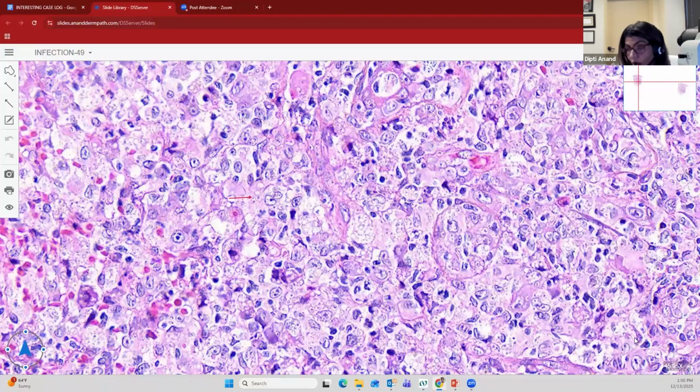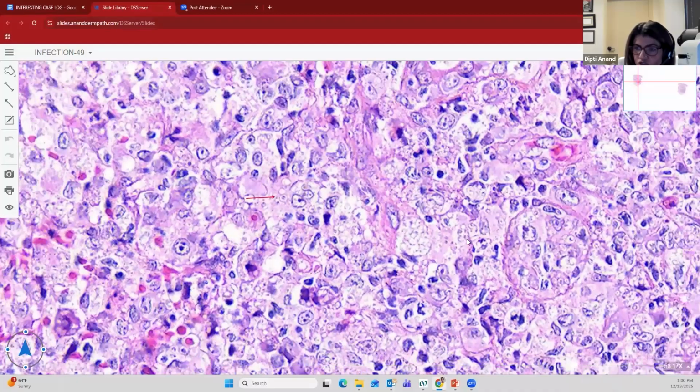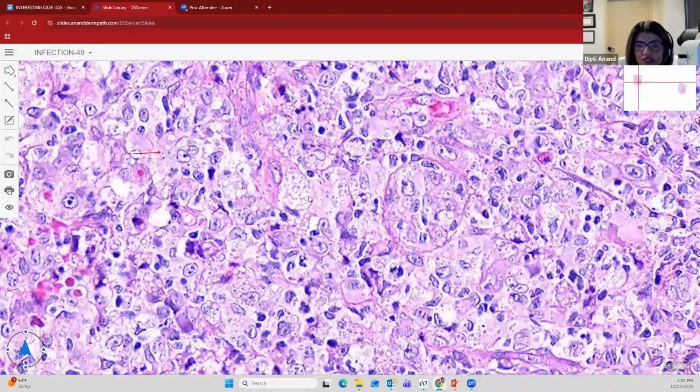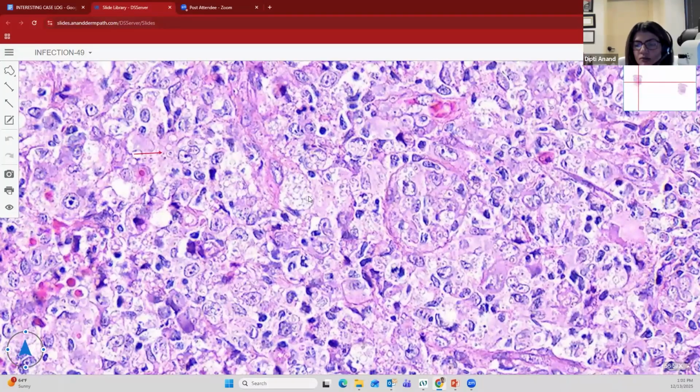I'm already at 45x, so size really matters. Do you see these large, fluffy structures? These are parasitized histiocytes. Inside these histiocytes will be the organism. So when you see these parasitized histiocytes, the three things you're thinking about are histo, penicilliosis, and leishmaniosis.